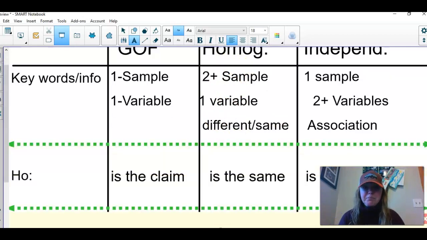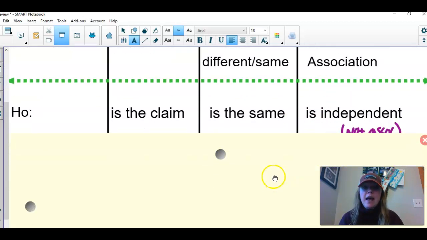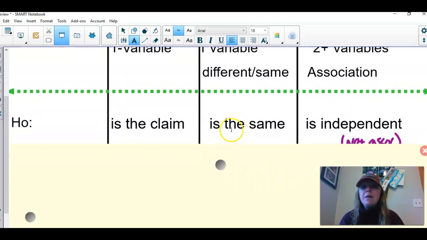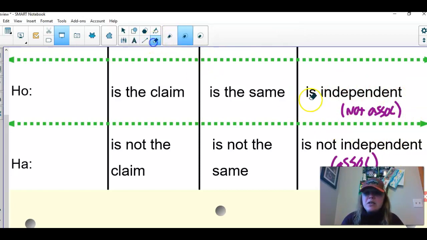For the null hypothesis, what I like about goodness of fit, homogeneity, and independence is you just always say, hey, is the claim the same, or is independent? And then the alternative hypothesis is not the claim, is not the same, is not independent. Now, I know some teachers, instead of saying is independent, they say is not associated. So they'll say there's no association.